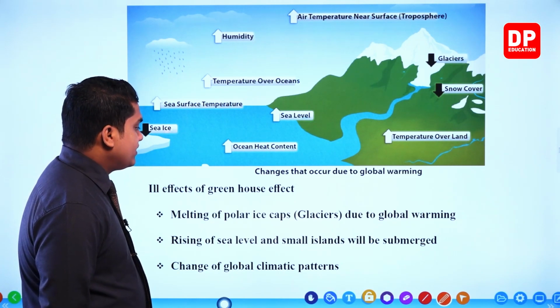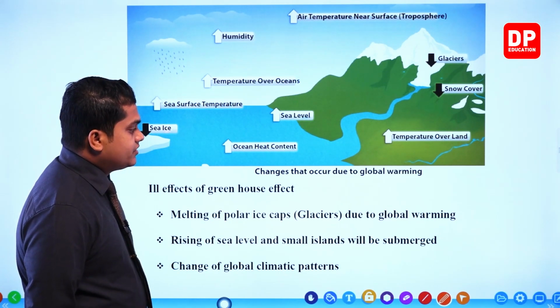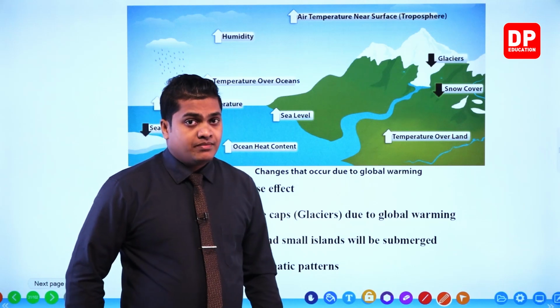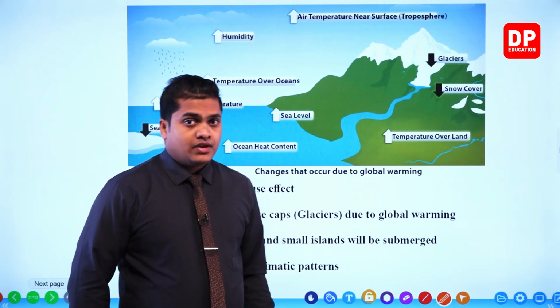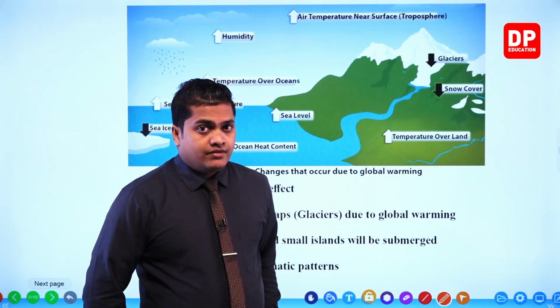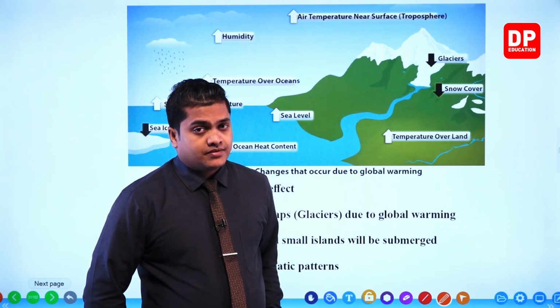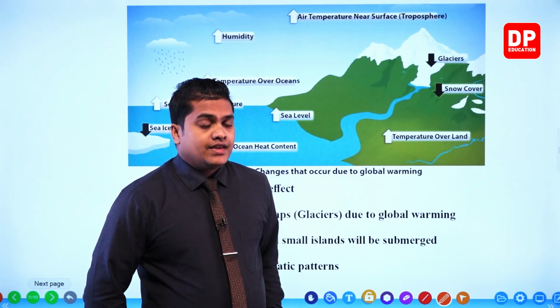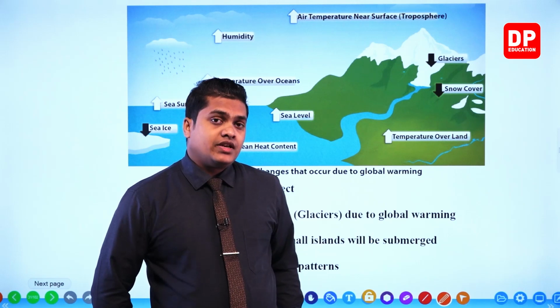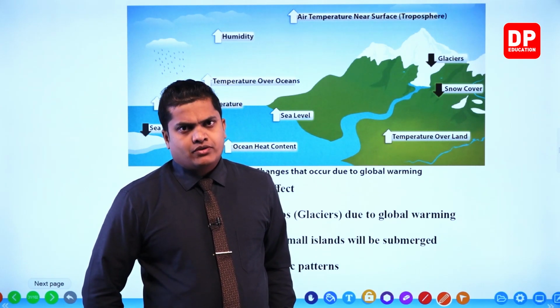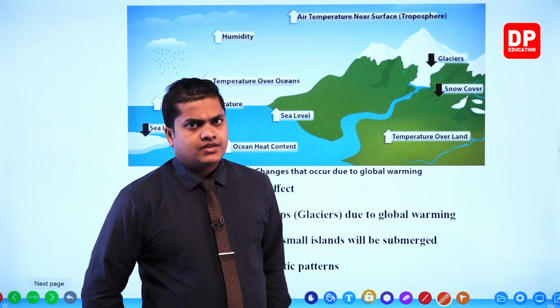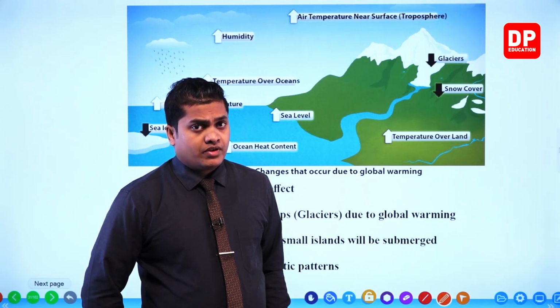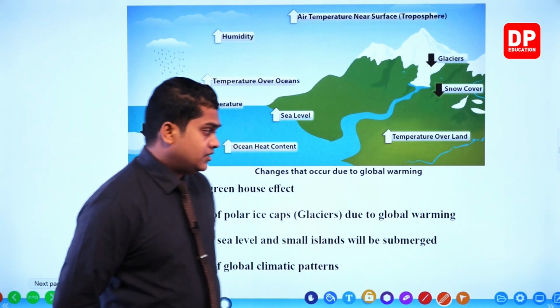Melting of polar ice caps and glaciers due to global warming is a main effect of the greenhouse effect, right? Here, because of the greenhouse effect, global warming increases, and because of the increase in global warming, what will happen here?